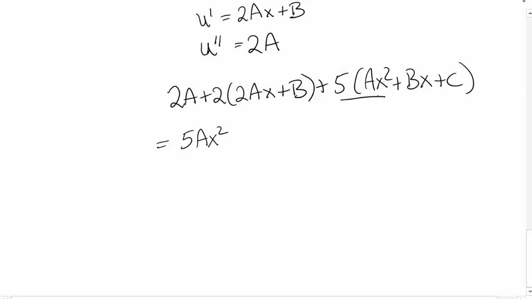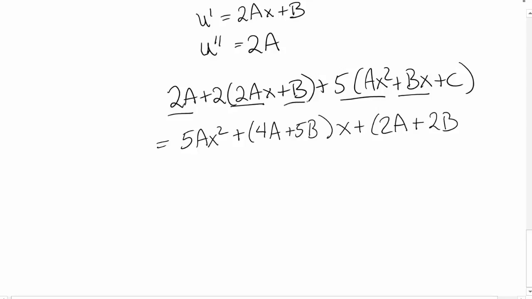That came from here. And then for x's, I have a 4a from here, plus a 5b, which came from here. And then my constants, I have a 2a from the front, plus I'm going to get 2b, it's right here, and plus 5c. This should be 5x squared.